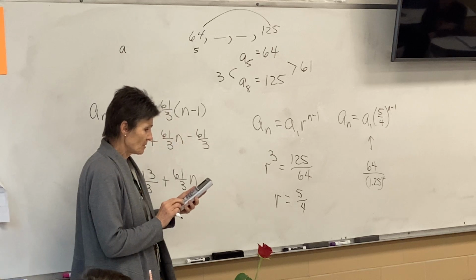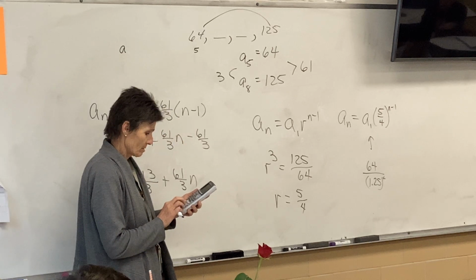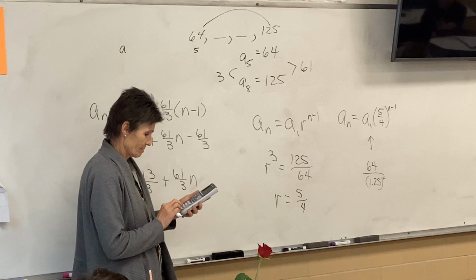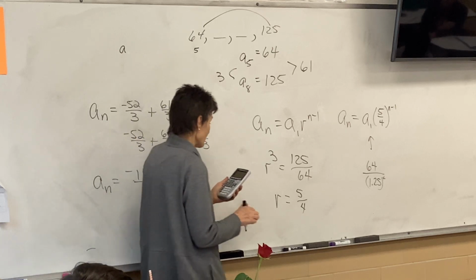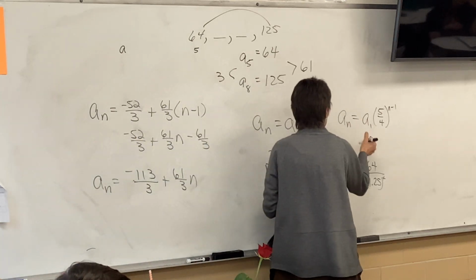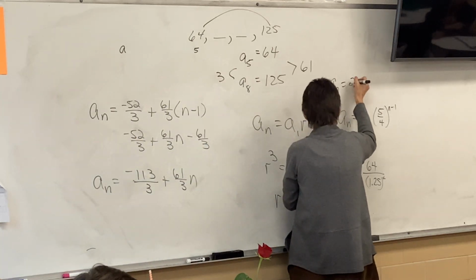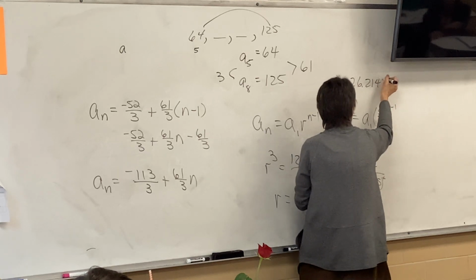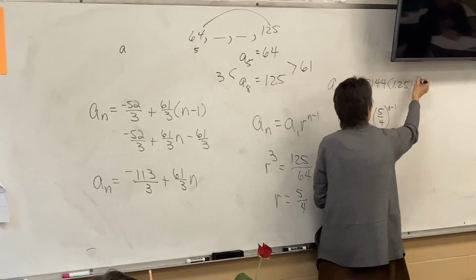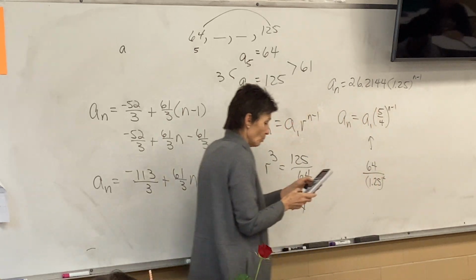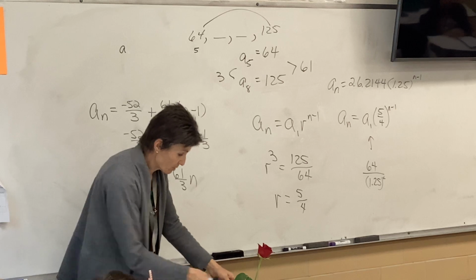It didn't for me. I'm getting 26.2144. So 26.2144 times 1.25 or 5/4 to the n minus 1 would be your geometric equation.